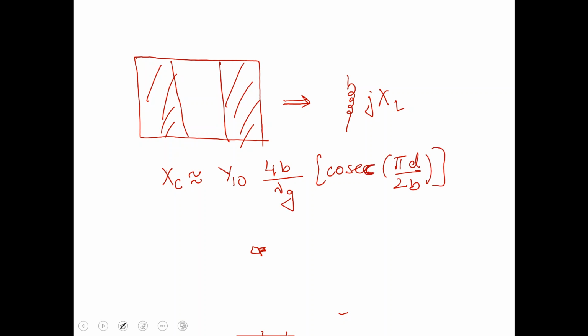And for the other case, if again this is d, XL is approximately given by Y10 minus lambda g by a, cot squared of pi d by 2a.